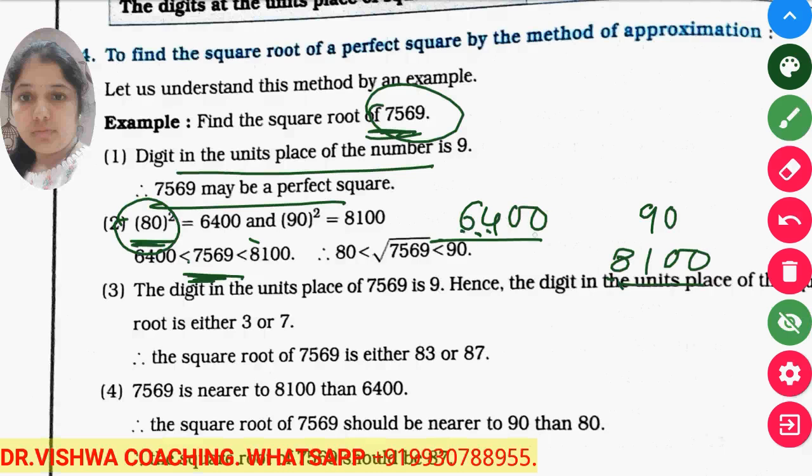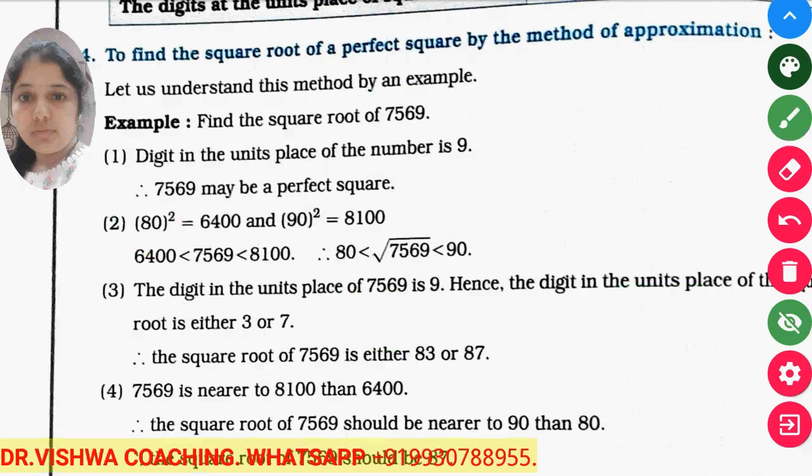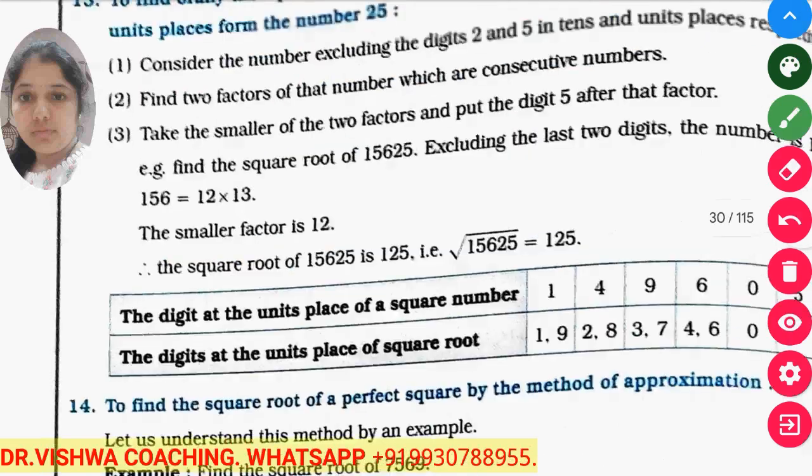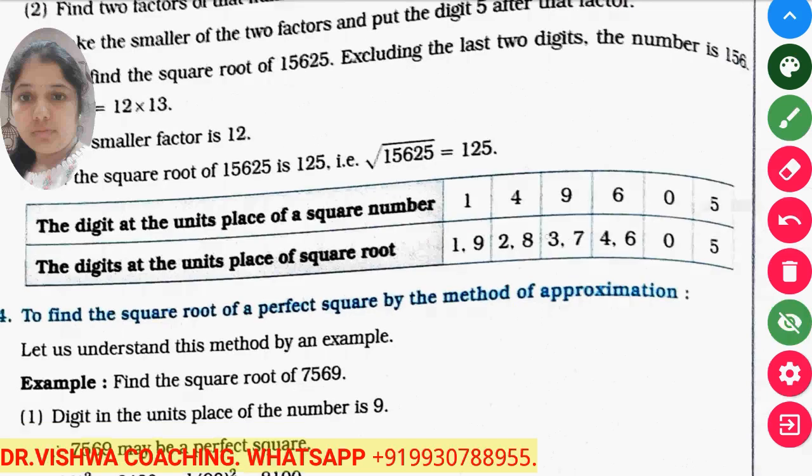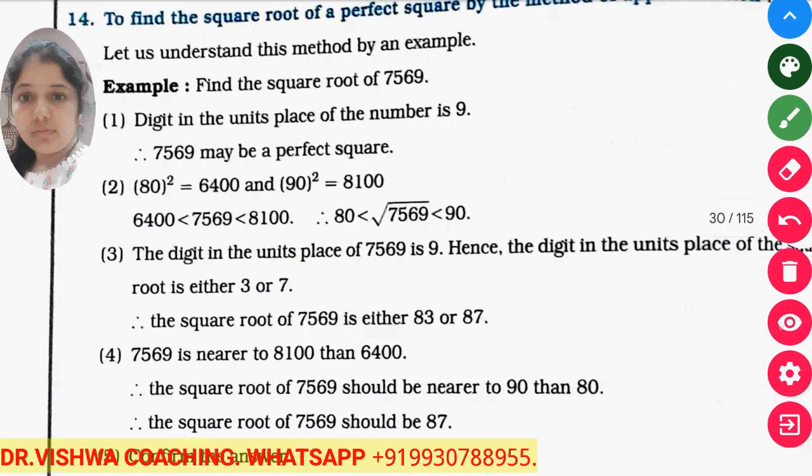Now 6400 is the square of 80 and 8100 is the square of 90. So in between, 81 to 89 this may be. Okay, so when 9 is at the unit place, the number has 3 or 7 at the unit place. So it may be the square root of 83 or 87.